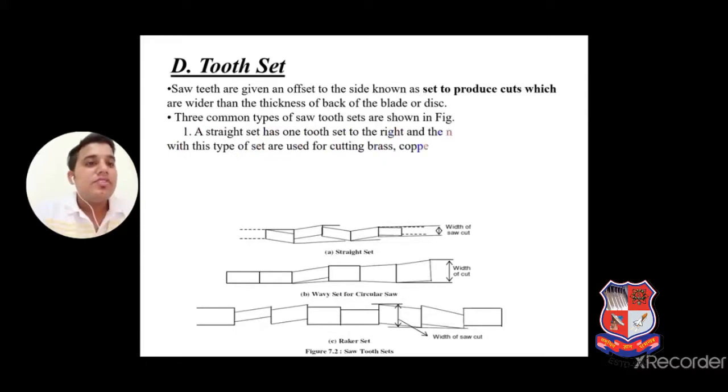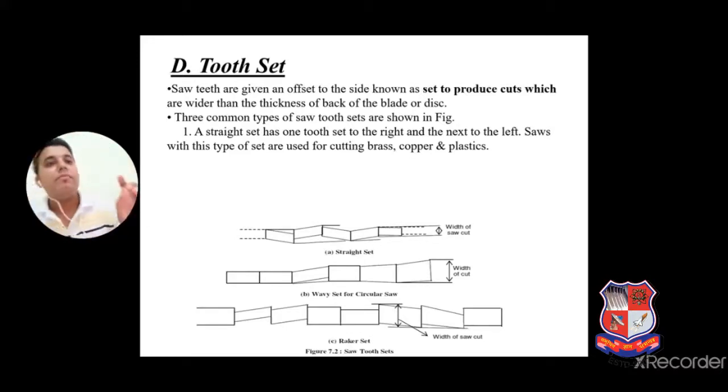In figure A, straight sets: a straight set has one tooth set to the right and the next to the left, and so on. These types of sets are used for cutting brass, copper and plastic. We can say that brass, copper and plastic are brittle materials. For those materials we can utilize the straight set.